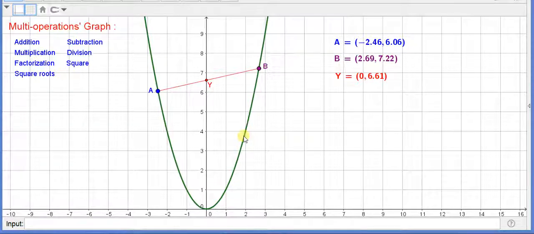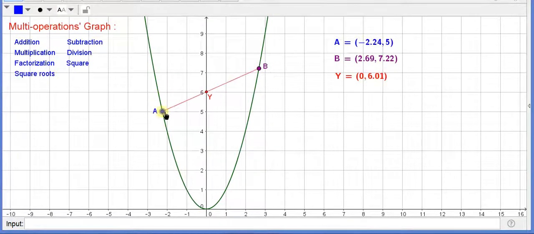Now to perform multiplication of two numbers, say here one number is the x coordinate of point A, that is 2.24, minus 2.24 is here, but we will take it as a positive. And another number is 2.69, the x coordinate of another point B of the graph.